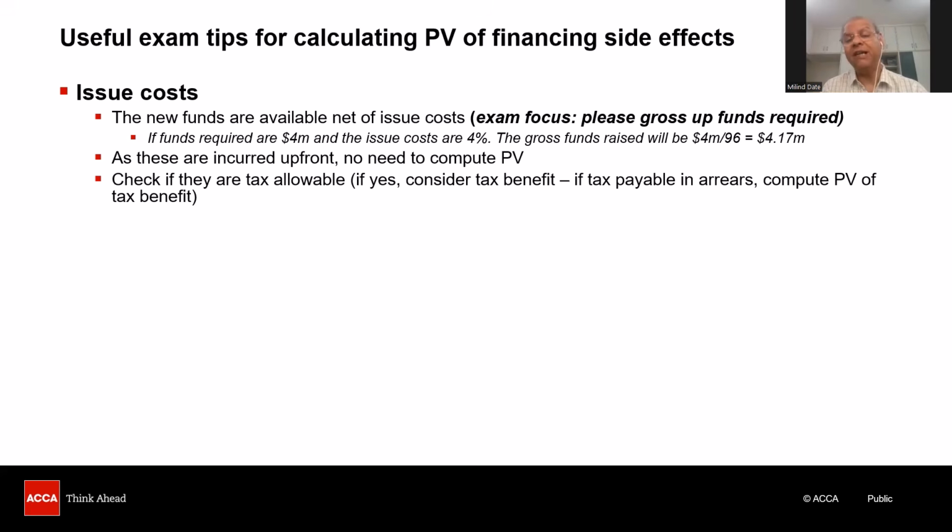And that too, if they are tax allowable, whether the tax is payable in the same year in which it is incurred, or it's in arrears, 1 year in arrears, 2 years in arrears, etc. If it is in arrears, tax amount related cash flows, you have to calculate the present value. So these are finer points which you should keep in mind when doing the calculation of financing side effects.